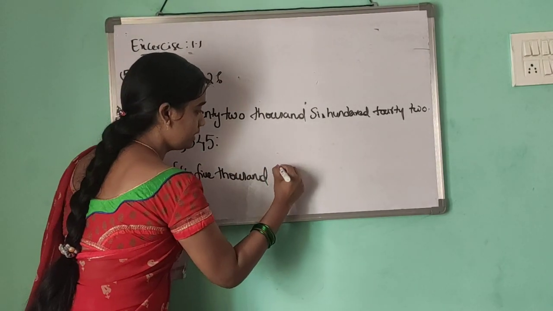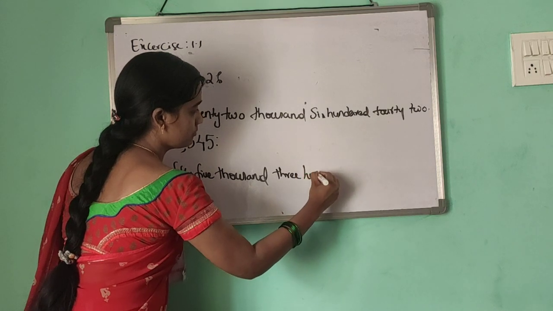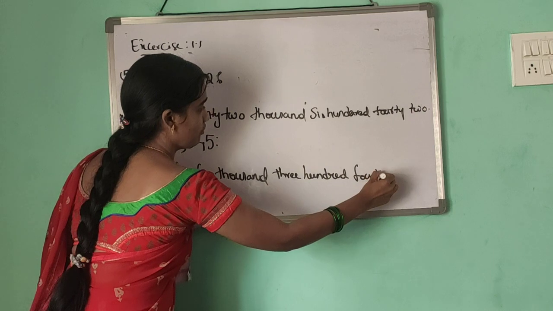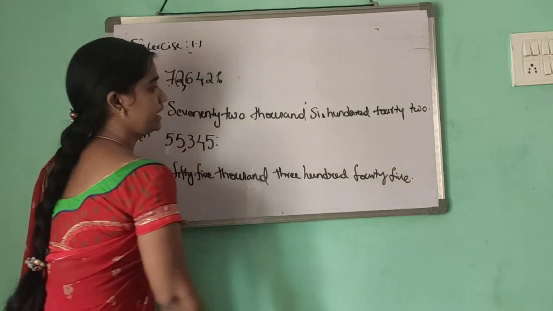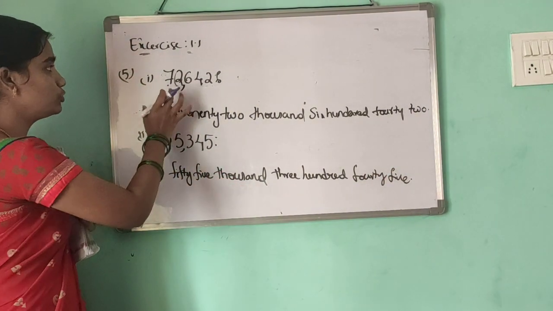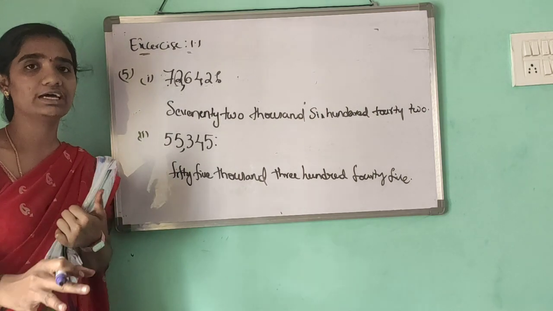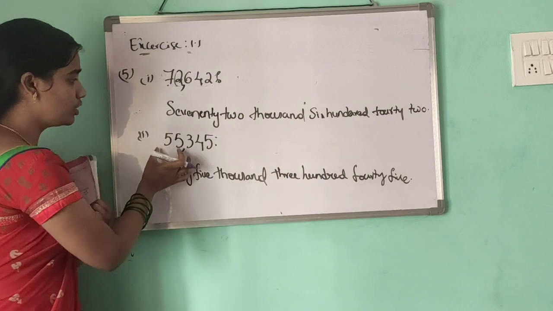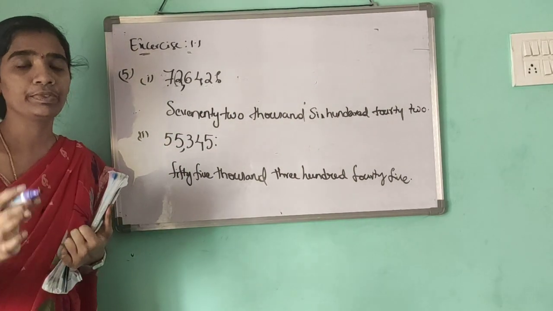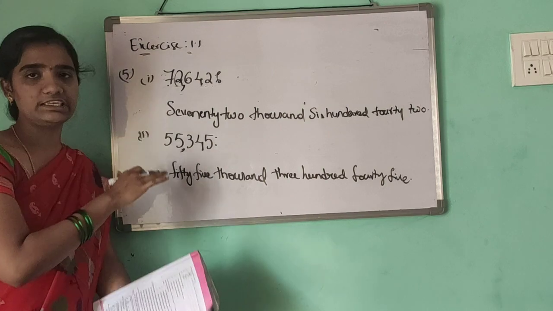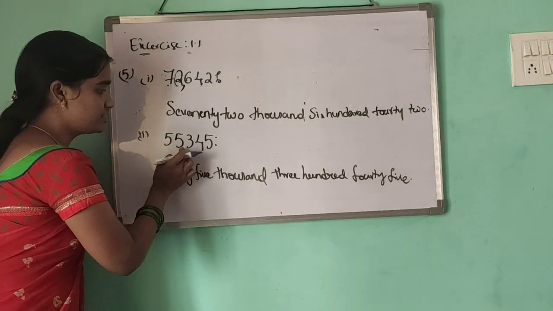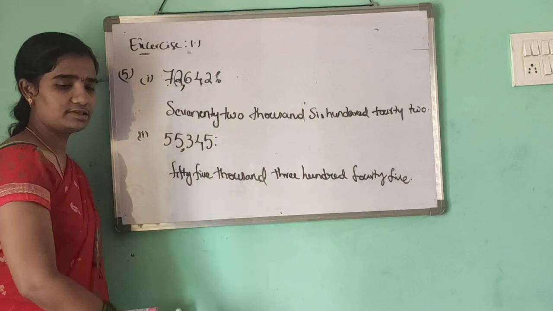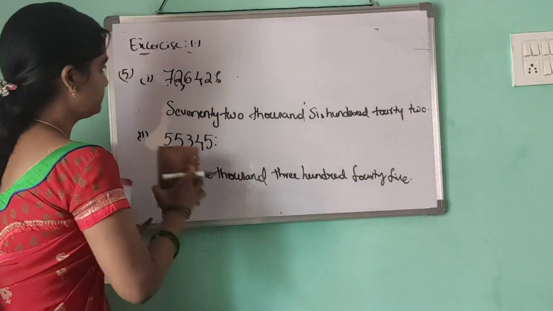So 300, 345. In this way, for any given number, we have to check first how many digits are given and how many positions. Then we have to put the comma. It's easy for you. Put the comma after the first 3 digits of the number. So in this way, we have to write this in words.